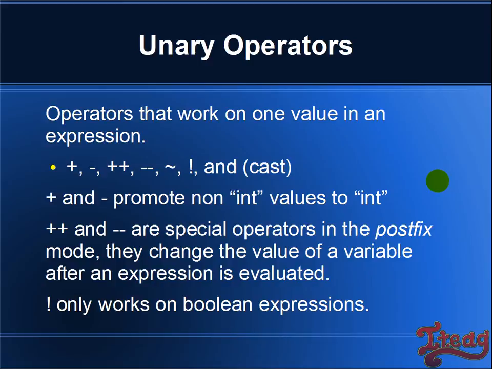All right. First up, we have unary operators. Unary refers to it working on one value in an expression, or variable in this case, but it results in a value.